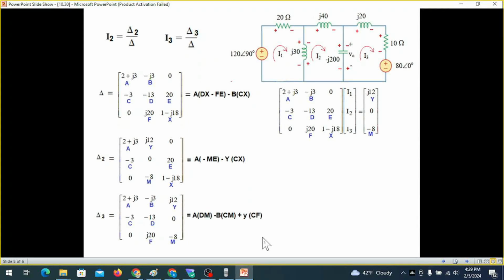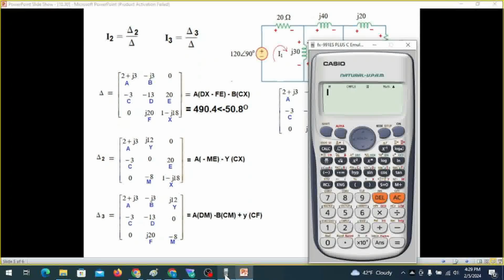So I've written all three, and now when we solve with the help of the calculator, we should be getting this answer for the first case. So let's see that.